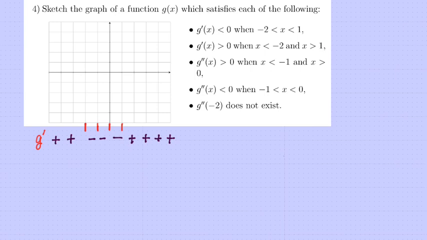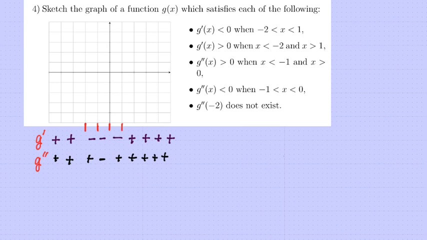G double prime is greater than 0 outside of there, so concave up and concave down in here. And also G double prime at -2 can't exist.